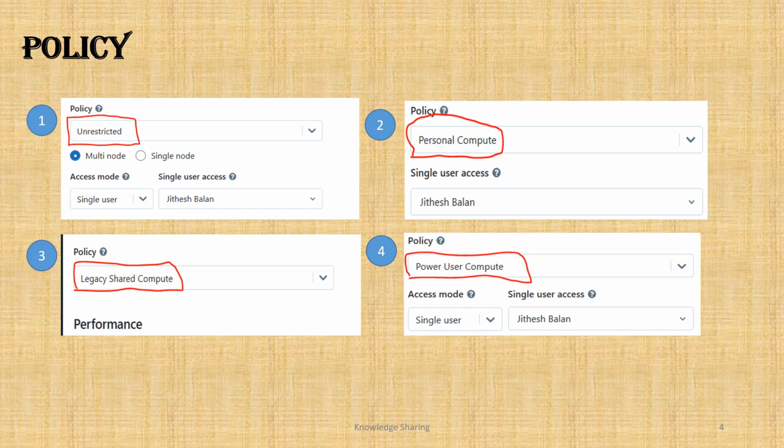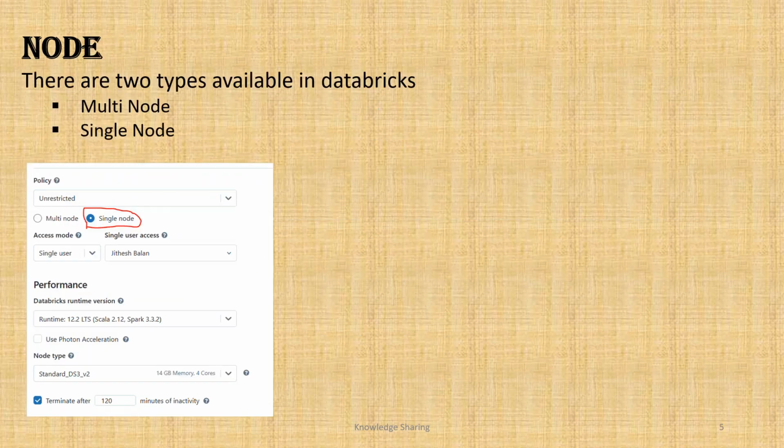We have legacy shared compute, which is the actual policy from when Databricks came up with the cluster concept. In order to have backward compatibility, they kept legacy shared compute. Power user compute allows the user to create their clusters.